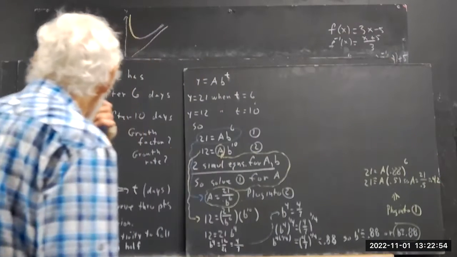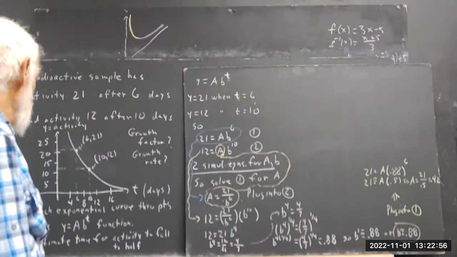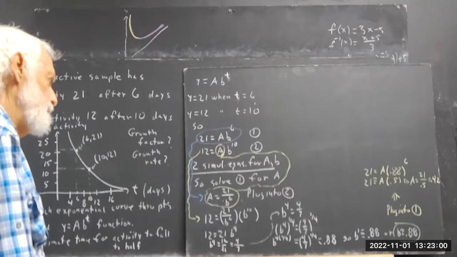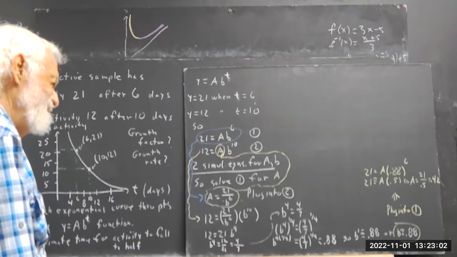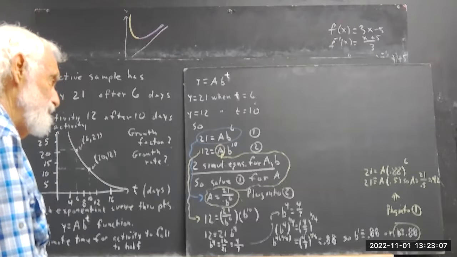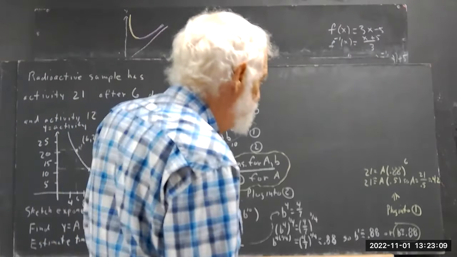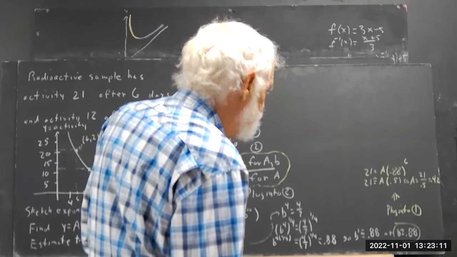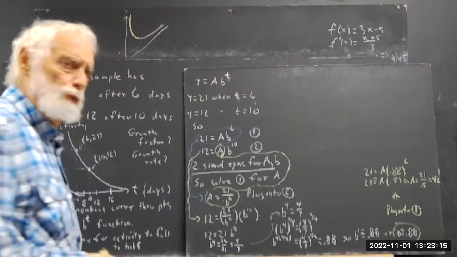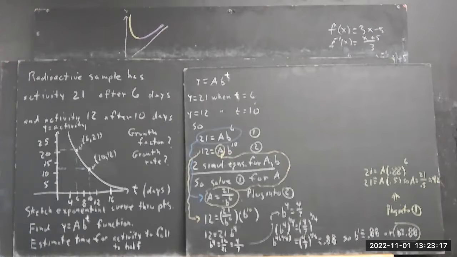Giving me A approximately equal to 42. Yeah, I'll go with that. It's not totally accurate, but it's reasonably close. Okay.